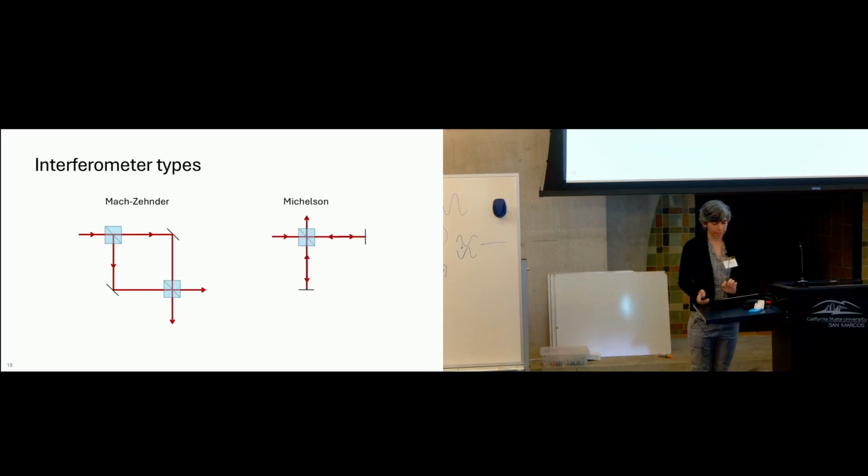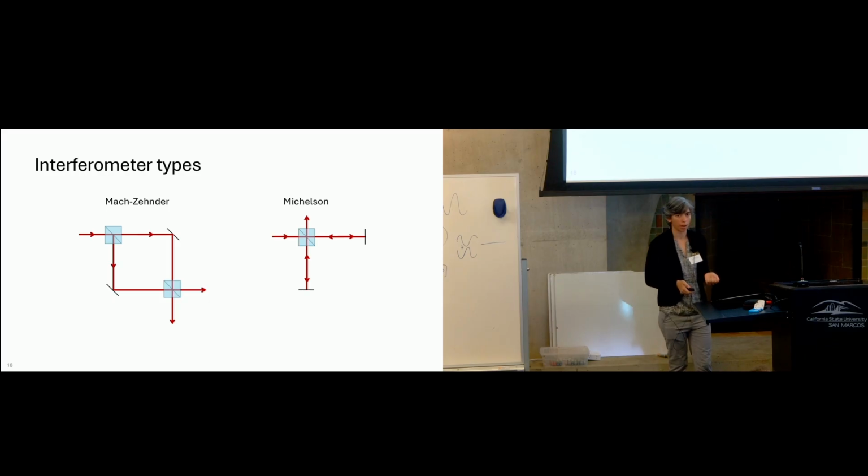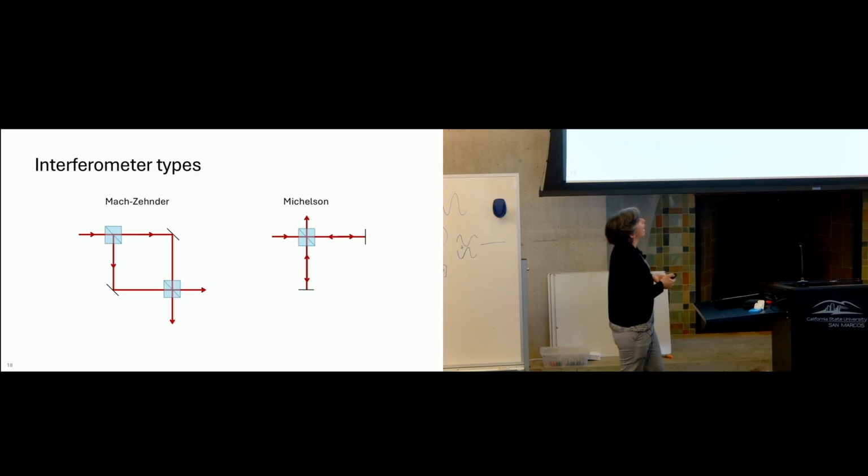So in the experiment, the Thorlabs kit ends up using a Michelson interferometer. I think this is just because it's easier to align. So you do have a lot of practical limitations that come up when you're using experiments. This is basically doing the same thing. You just have one beam splitter instead of two. So now these two mirrors, instead of redirecting the light, just send it back on itself, back to the same beam splitter.